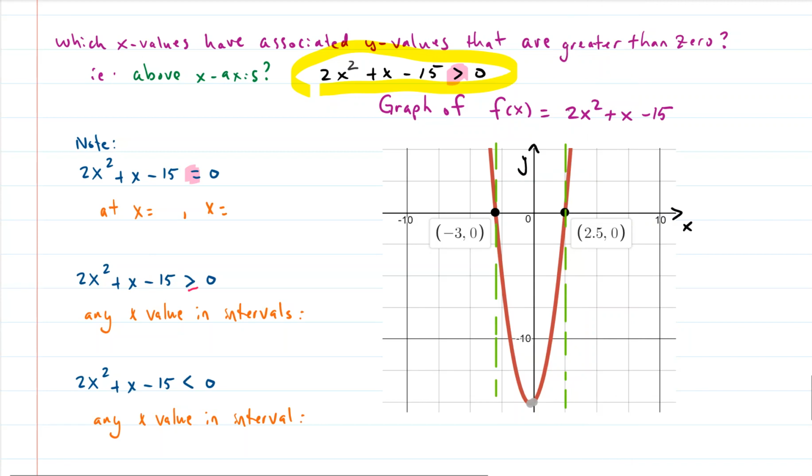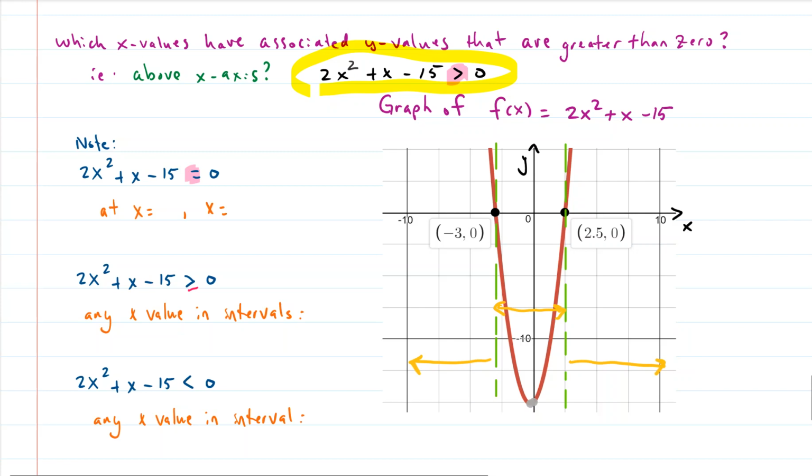So that clearly gives us 3 sections. It gives us the section from negative infinity to -3. It gives us the section of -3 to positive 2.5. And it gives us the section from 2.5 to positive infinity. So you can clearly see these 3 chunks on the graph.